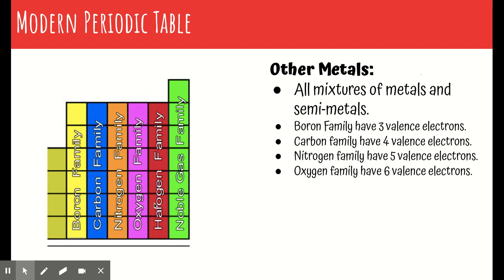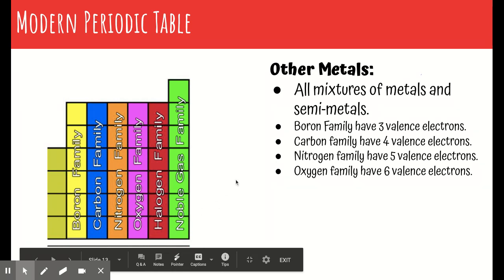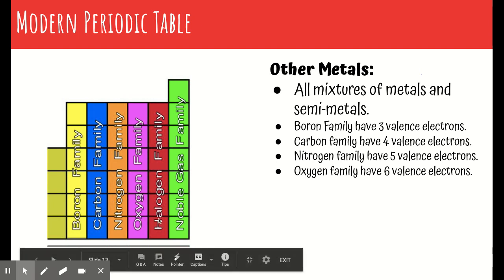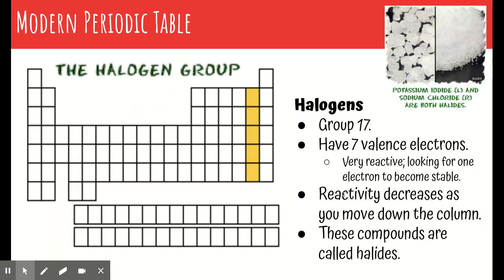And then fluorine would be the beginning for your halogens, and then your noble gas family. So we already know this about the valence electrons. Okay, so you start with 3 valence electrons and work your way over. If you look on your periodic tables, you would see kind of there's like a stair step that goes down here. So within these families, you do have a mix between like semi-metals or like metals and non-metals a little bit there.